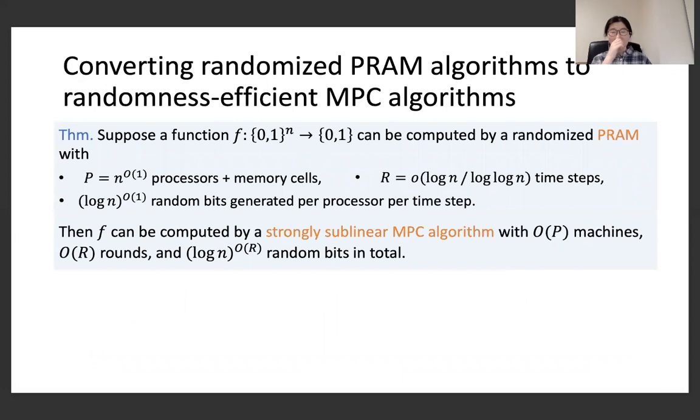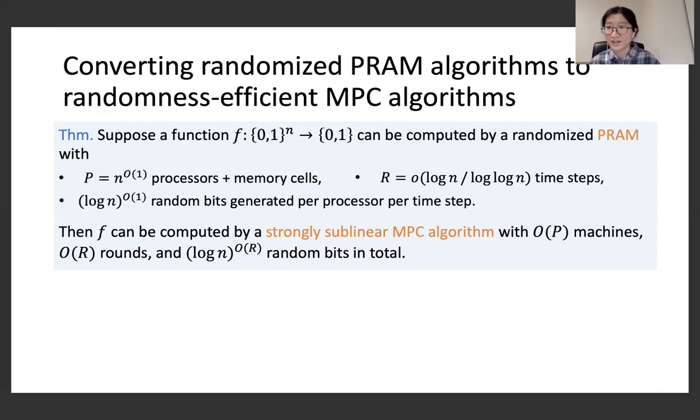Now let me state our general framework that converts randomized PRAM algorithms to highly randomness-efficient MPC algorithms. Suppose a function f on n input bits can be computed by a randomized PRAM that uses at most a polynomial number of processors and memory cells, and runs in little o of log n over log log n time steps, where each processor can generate a polylogarithmic number of random bits in each time step.